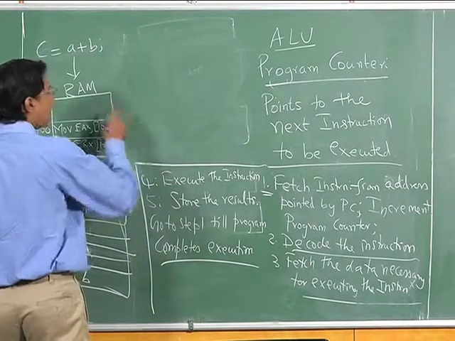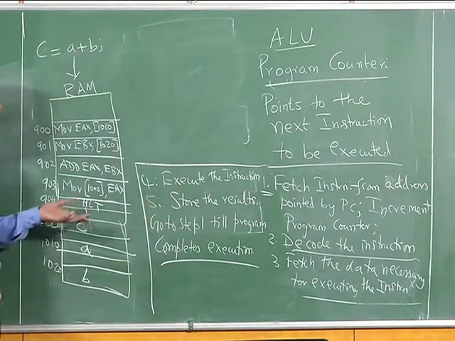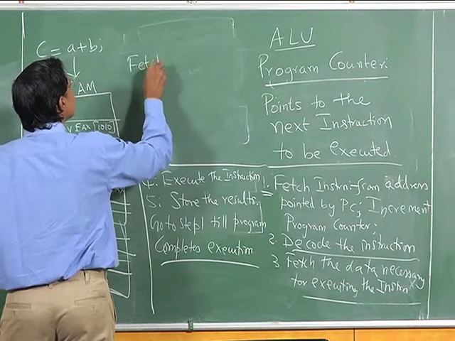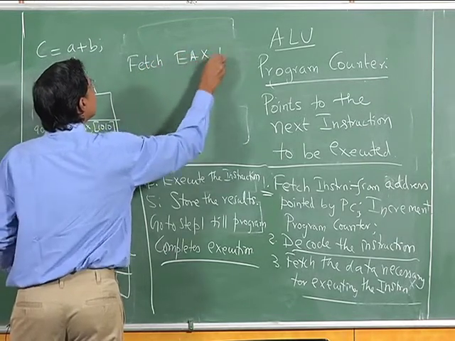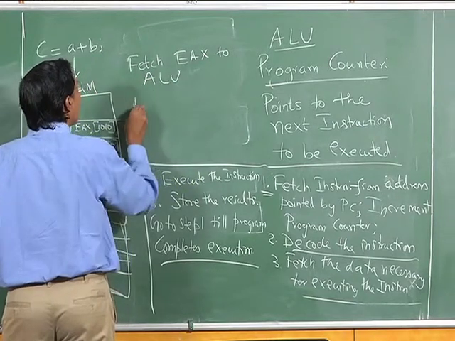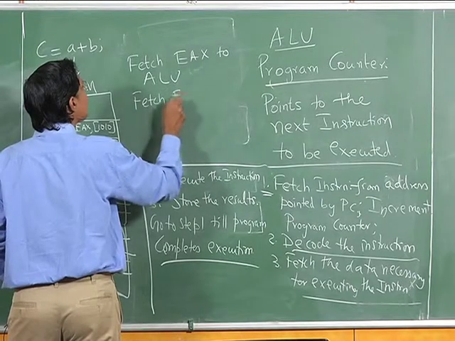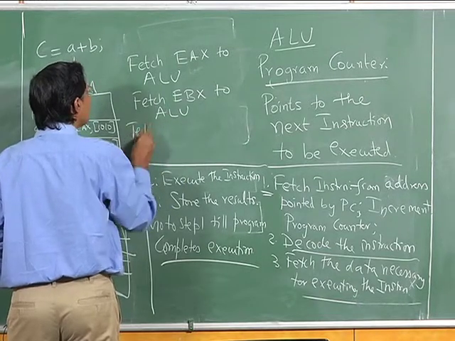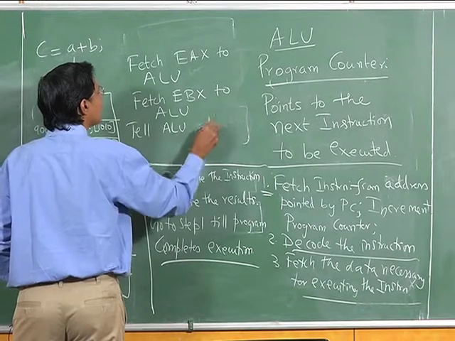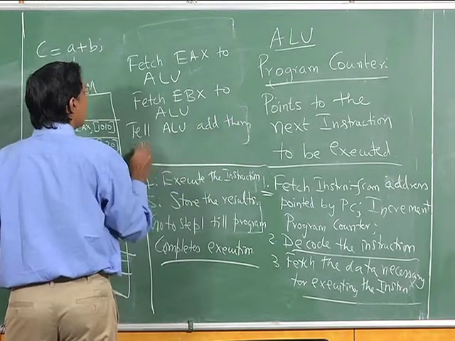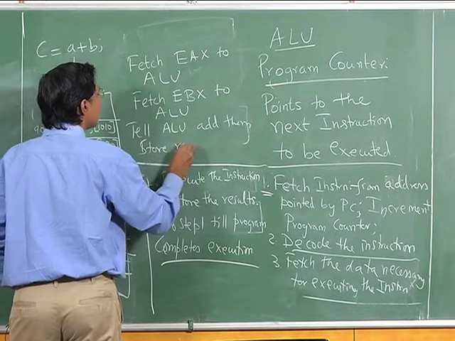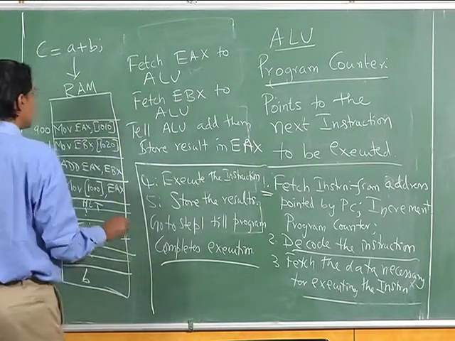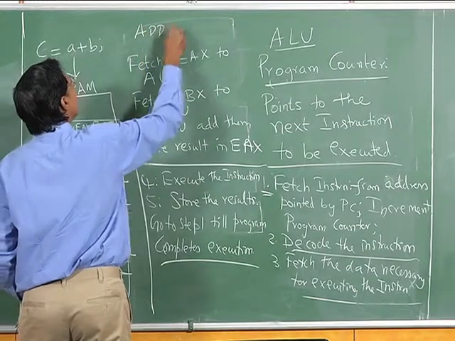For example, after the instruction add EAX, EBX is decoded, now I have to fetch EAX to ALU, I have to fetch EBX also to ALU, I have to tell ALU to add them, then I have to store the result in EAX. This is what I mean by add EAX, EBX.